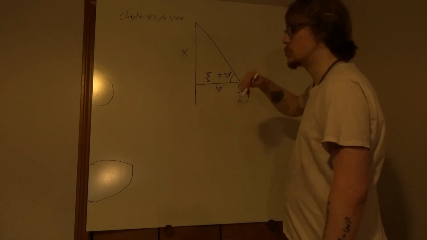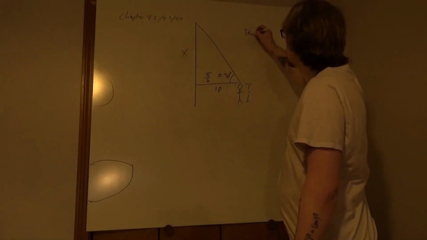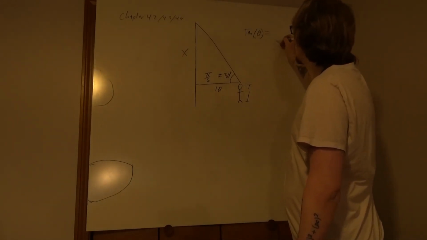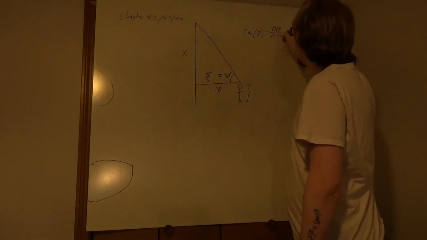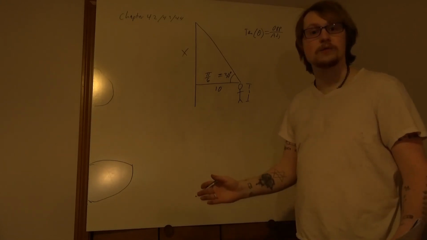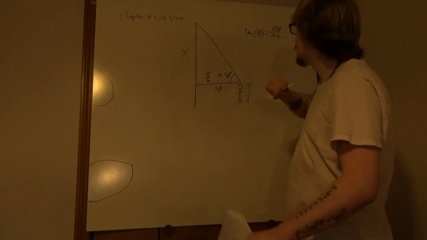And if we remember SOHCAHTOA, the tangent of an angle is equal to the opposite side over the adjacent side. No hypotenuse needed.